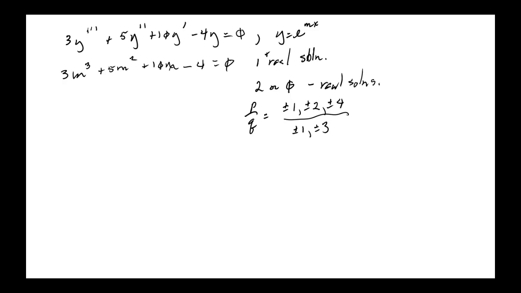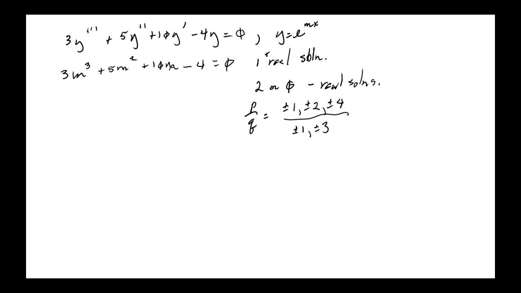The numerator is all the possible factors of this, which is 1, 2, and 4, plus or minus. The only possible factors of this one are 1 and 3. So P is the factors of the last term, the constant term, and Q is the factors of the leading coefficient. This is called the rational zeros test.